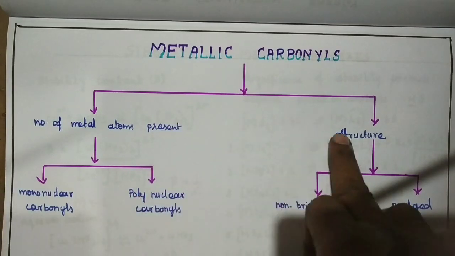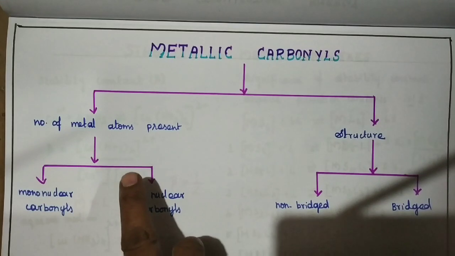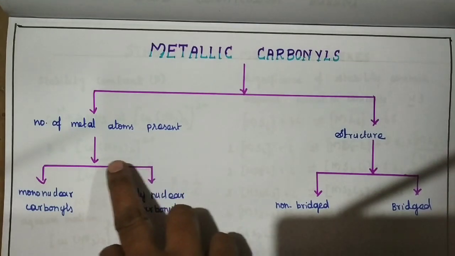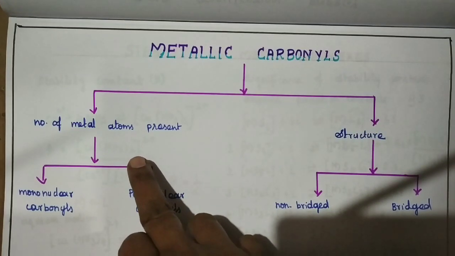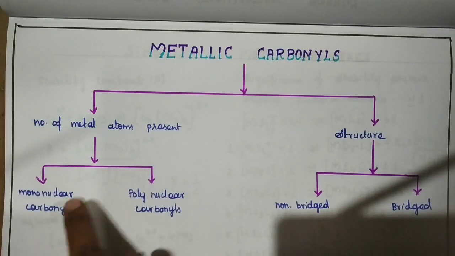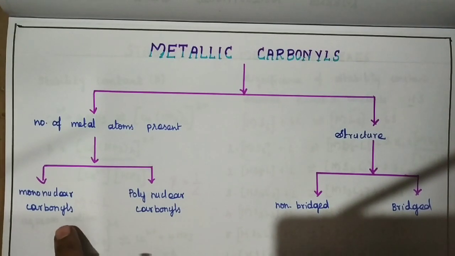Next, classification based on the structure. Classification based on the number of metal atoms means it depends upon the number of metal atoms present in the metallic carbonyls. This is classified into two types: mononuclear carbonyls and polynuclear carbonyls.